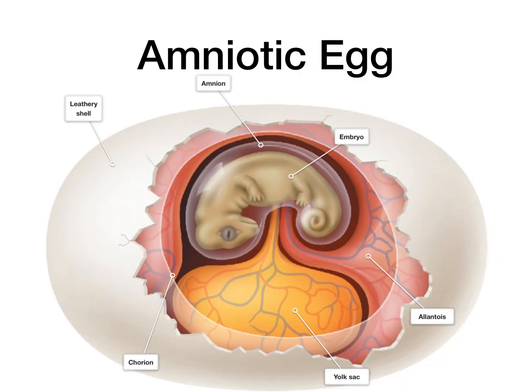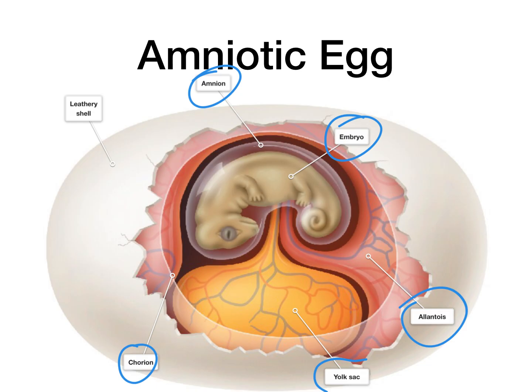Another reproductive advancement is the amniotic egg. And this is an example. We have some really key parts here: the amnion, the embryo, the chorion, the yolk, and the allantois. The embryo is the developing young, and the yolk provides the nutrition.